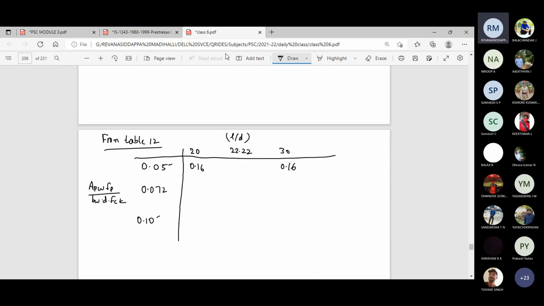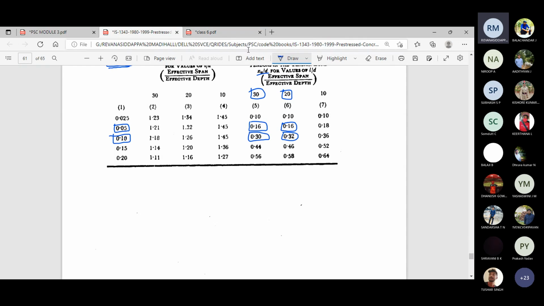Let me write those values here. I hope you are all understanding. At 0.05, I have written XU by D corresponding to L by D equal to 20 and 30: 0.16 and 0.16. At 0.10: 0.32 and 0.30.